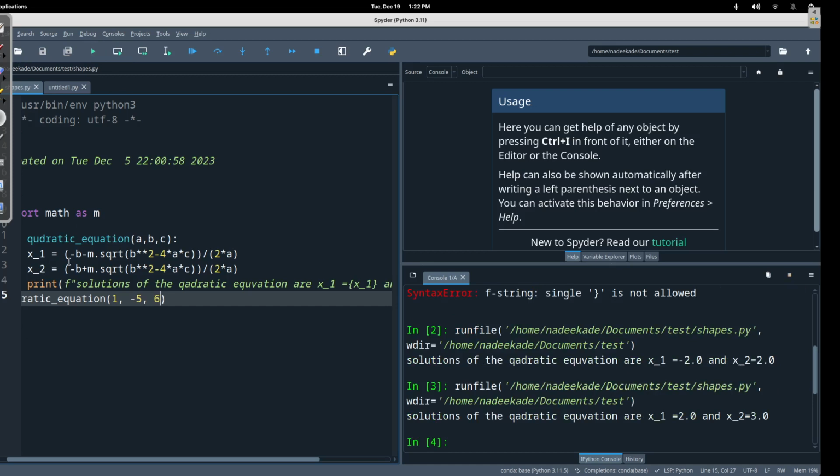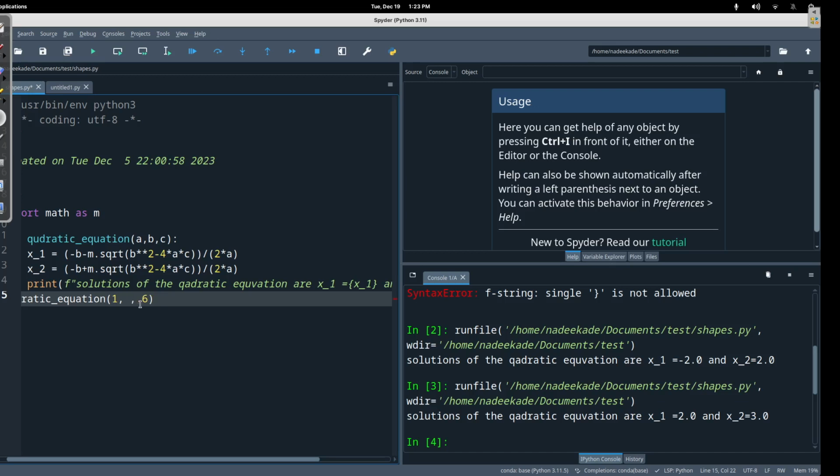So it's working. Now let's check what happens if we change the values. This is about passing positional arguments, no? A, B, C, okay? So now let's see what happens if we change these two, okay?